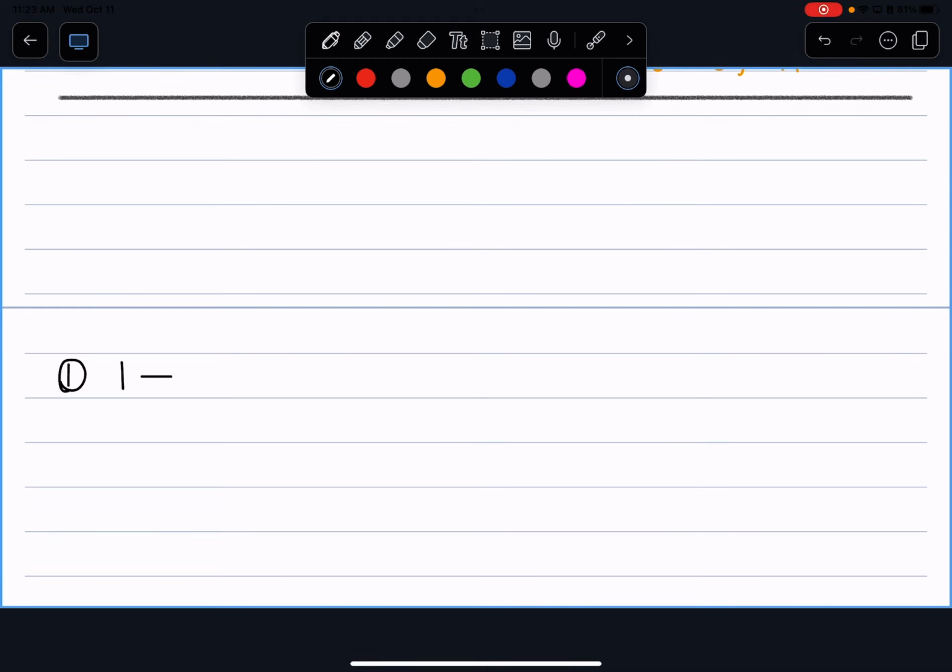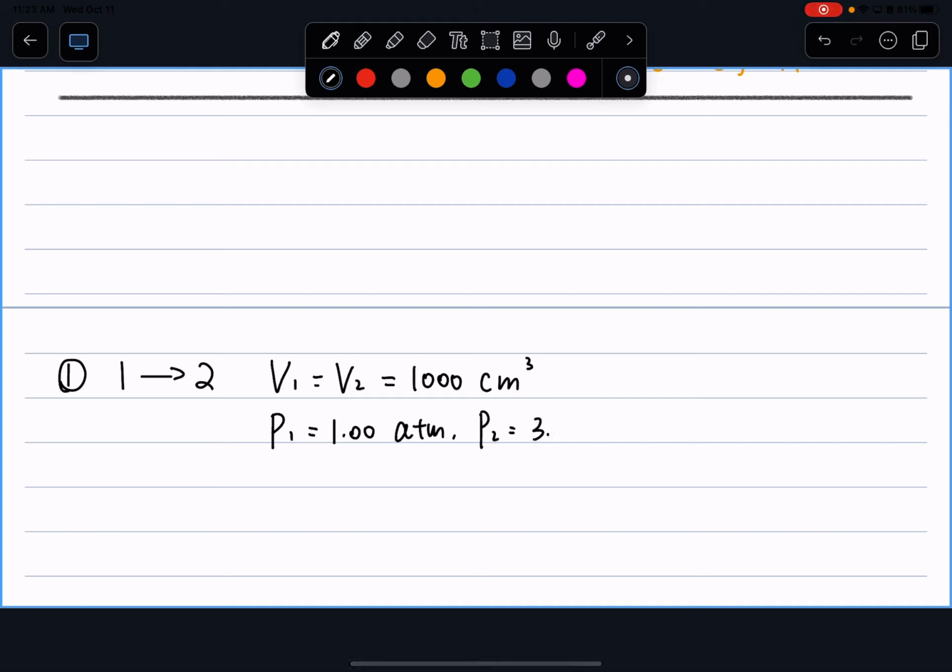Okay, so our first step is looking at the process from state 1 to state 2. Again, there are different ways to do it, but what I like to do is write out the relationships for these processes. For example, V1 equals V2, so it's an isochoric, or constant volume, process, equal to 1,000 cm^3. We have P1 equals 1.00 atm, P2 equals 3.00 atm.